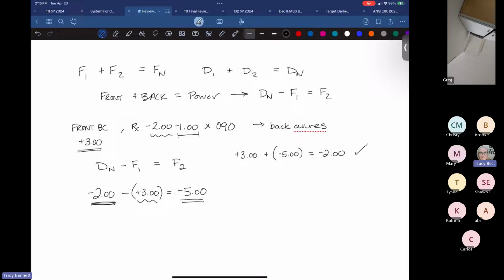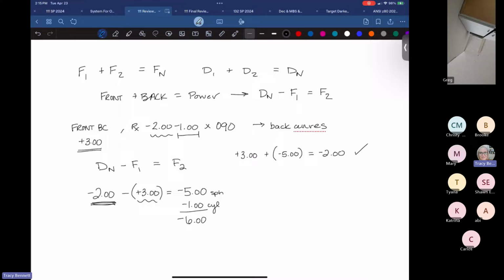But we need to also create that -1 cylinder. We'll call that our sphere for now. So -1 cylinder from that. So subtract those two and you get -6.